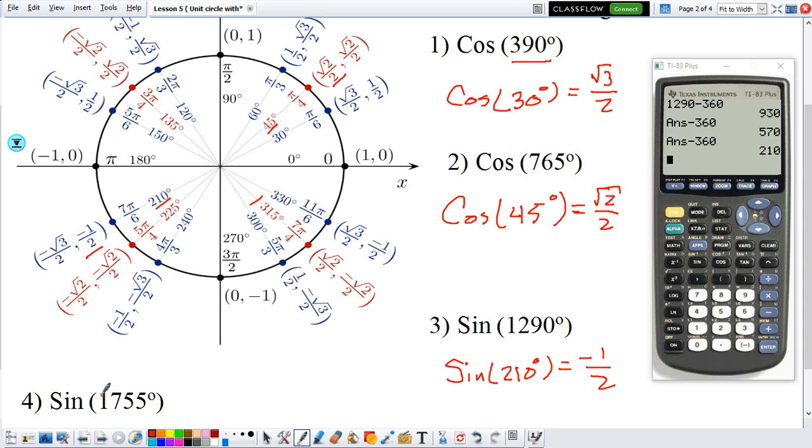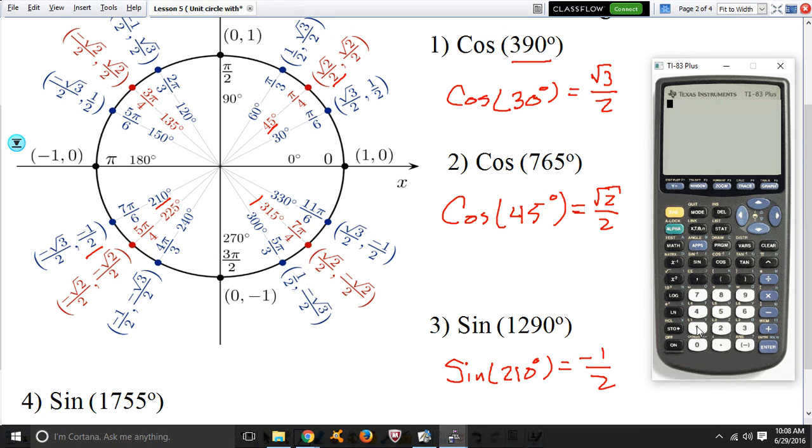So lastly, let's look at the sine of 1755. Again, it's greater than 360. So we get our domain, and we subtract 360. Still greater than 360, so we're going to subtract until we get something between 0 and 360.